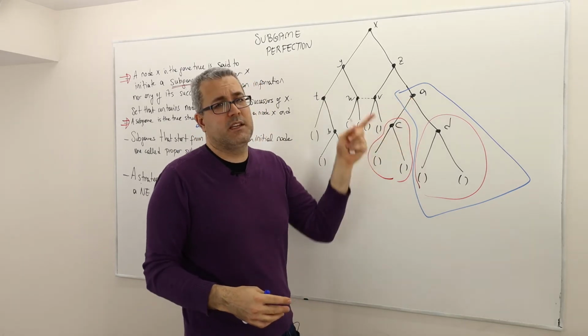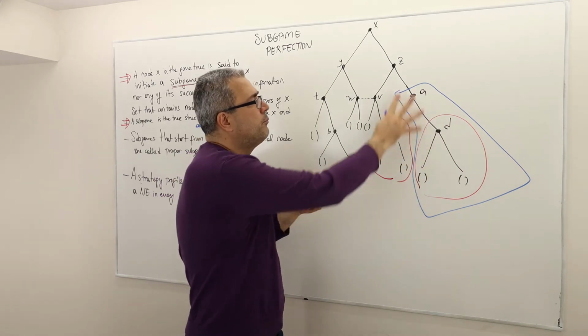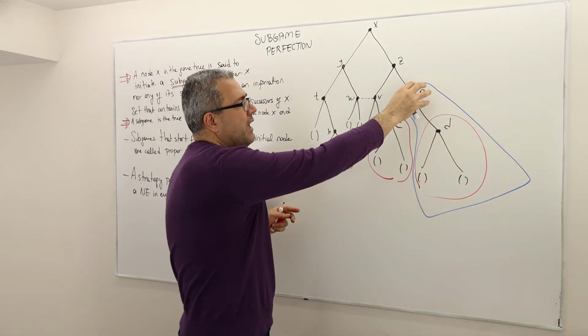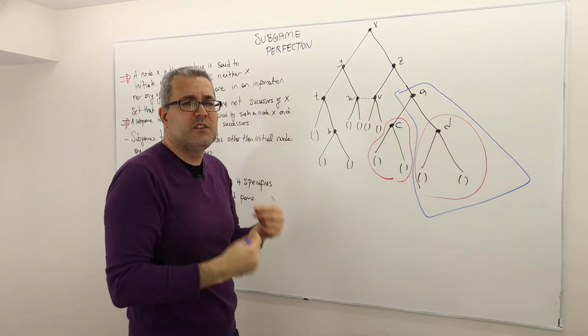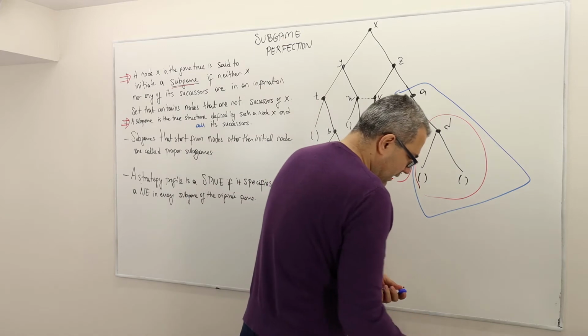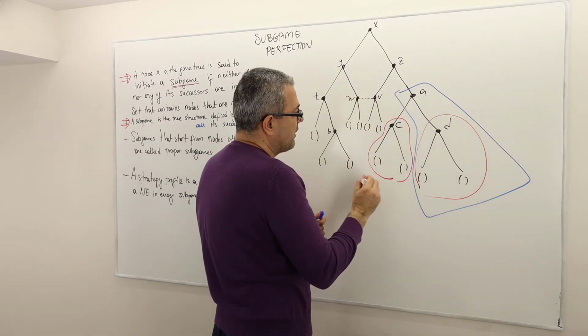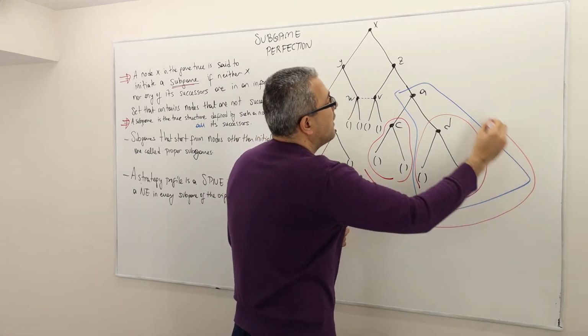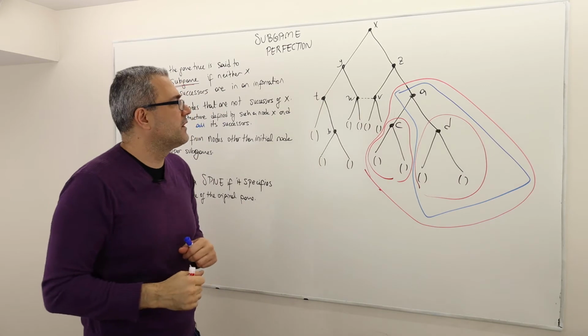Here, C is a successor of A, but you do not include it. Therefore, this blue area, meaning A and then this single branch, D, and then these two branches, is not a subgame. Well, what is a subgame here? I'm going to use the red color. This entire part starting with A and including C and D is a subgame.